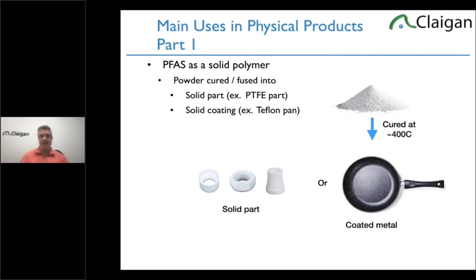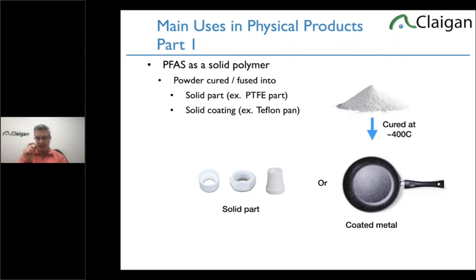We take a powder, PTFE or PVDF, Kynar tubing is the same thing, which is PVDF, a fluoropolymer powder. The way PFOA is used here, PFOA is used in the manufacturing process to create the powder, not to create PTFE. That's really just polymerized TFE.